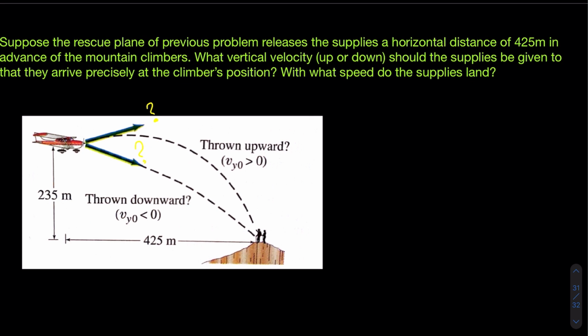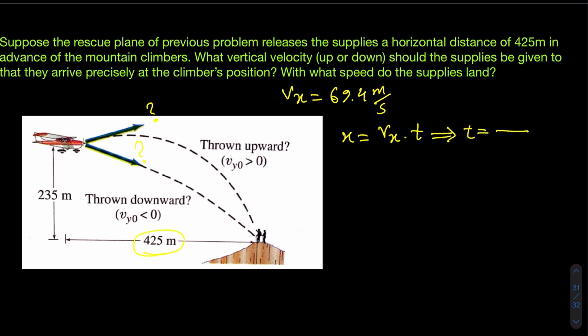All right, so here the distance is given, and the horizontal velocity we already know, which is Vx, exactly the same, 69.4 meters per second. From this equation, x is equal to Vx times t, I can simply find the time it takes for the supplies to land.